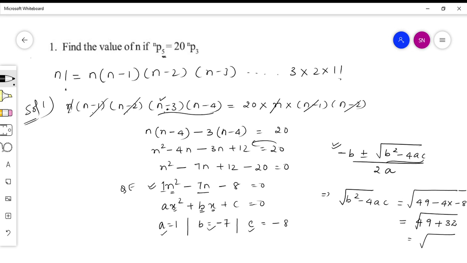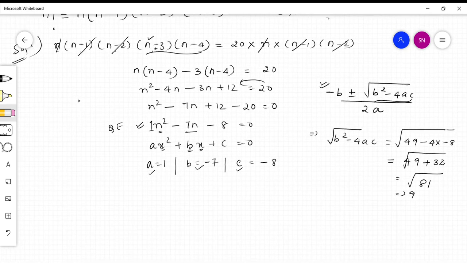So 49 plus 32 is equal to 81. 81 is the square of which number? 81 is the square of 9. So therefore I have got the square root of b square minus 4ac is equal to 9.